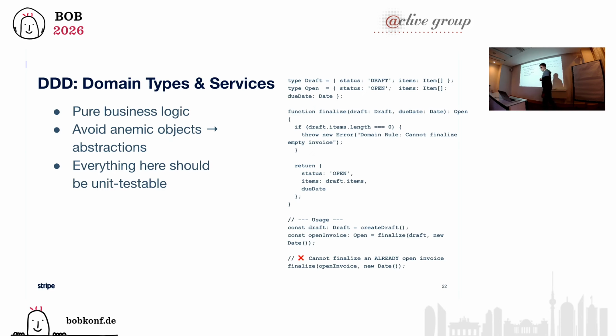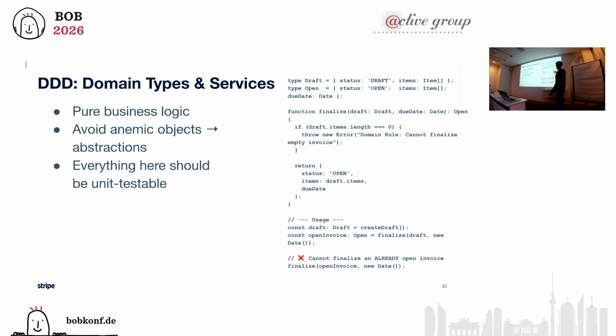So basically where you have a data structure that's just a bag of data, but it doesn't actually abstract anything away. So in this example here, I have a draft and an open invoice, and the domain actually enforces that you can't finalize an already open invoice.